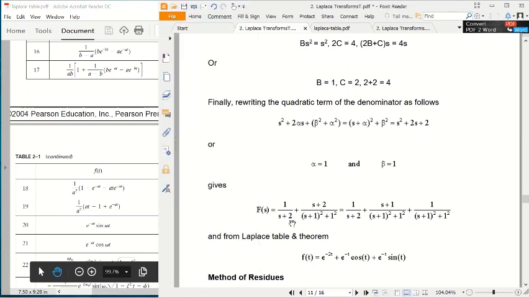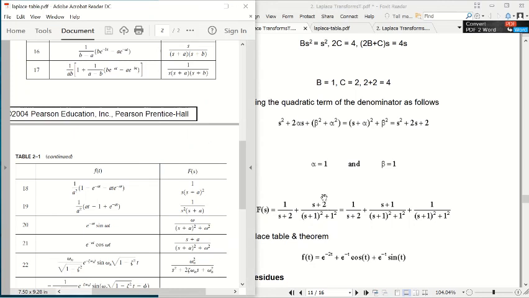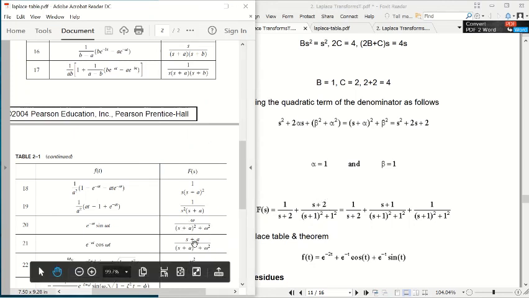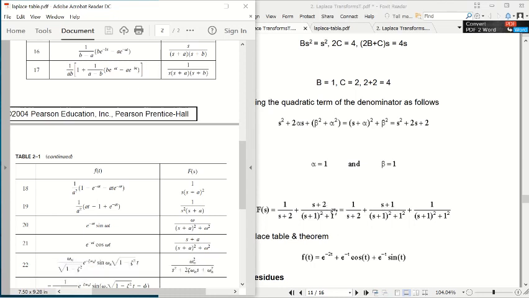But the problem now, look at here, you have s plus 1 squared plus 1 squared, but on the top you have s plus 2. Compared to this, omega must be equal to omega, a must be equal to a, so something is quite different. So what you need to do is separate this into two terms. It is transformed to become like this: s plus 1, and you take another 1 from here, divide by this, of course you get this part.